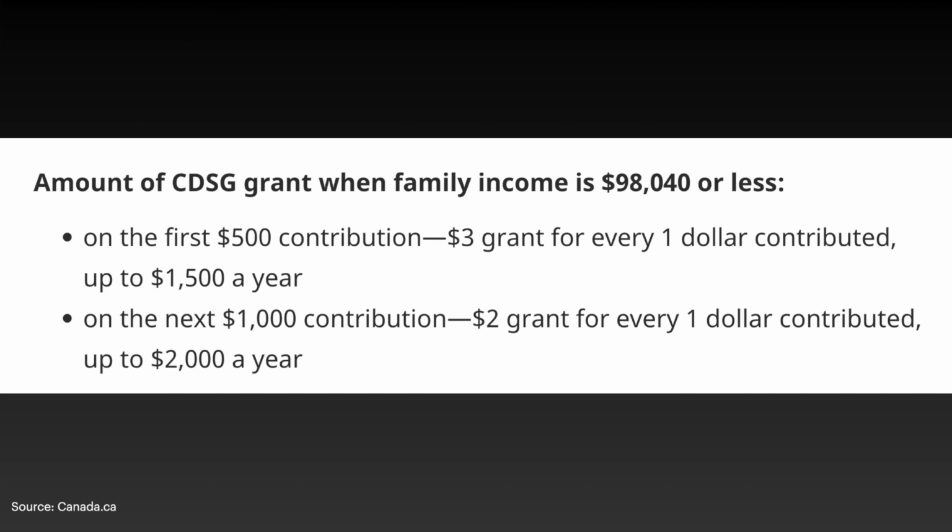So if you put $500 in, the government matches $1,500. For the next $1,000 that you put in, you get twice the match, so $2,000. As you can see, a $1,500 contribution can net you $3,500 matching, making your total amount in the RDSP $5,000 for that year. This is an extremely generous match.